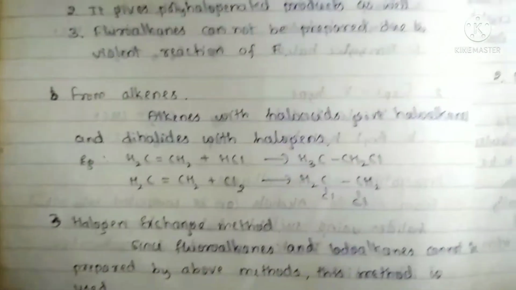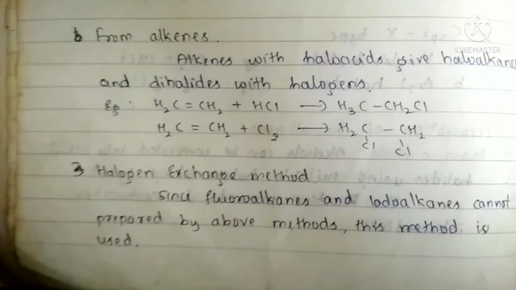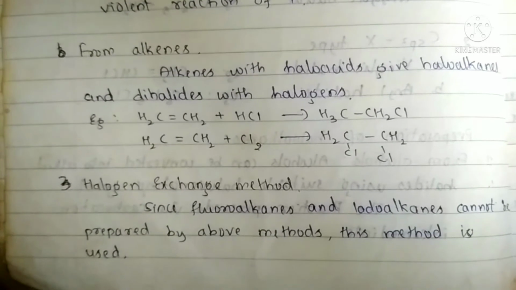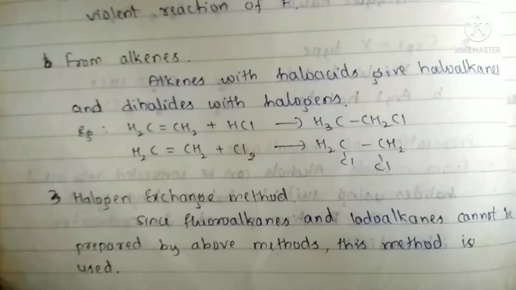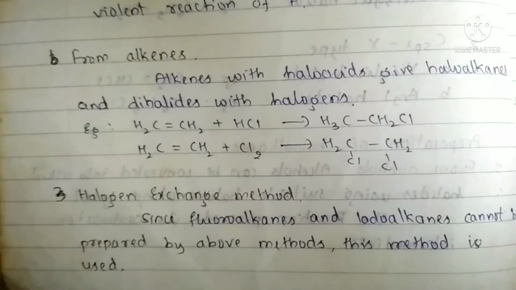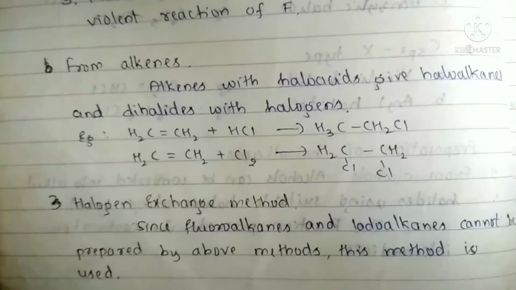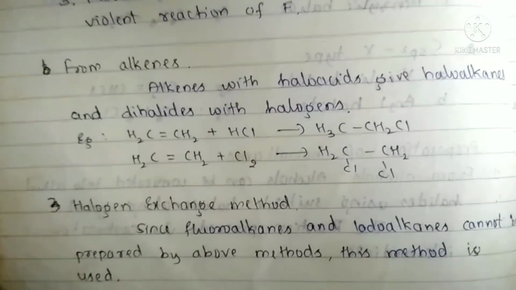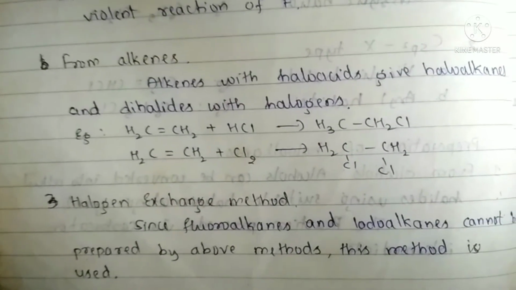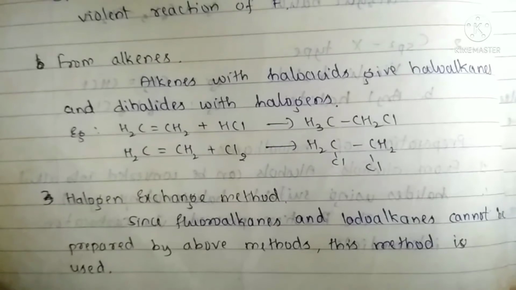In the third type of synthesis of haloalkane, we have the halogen exchange method. The importance of this method is, we have seen from the past two reactions that the synthesis of fluoroalkanes or iodoalkanes was somewhat difficult. So to synthesize these, we use this halogen exchange method.